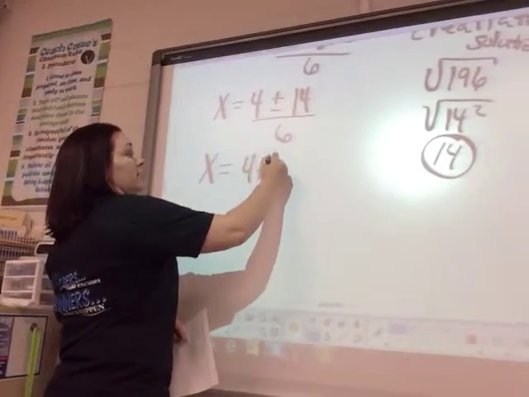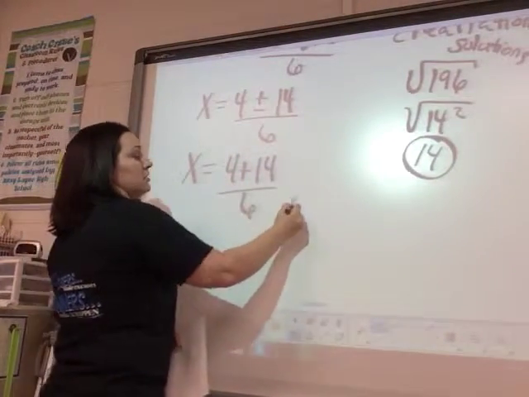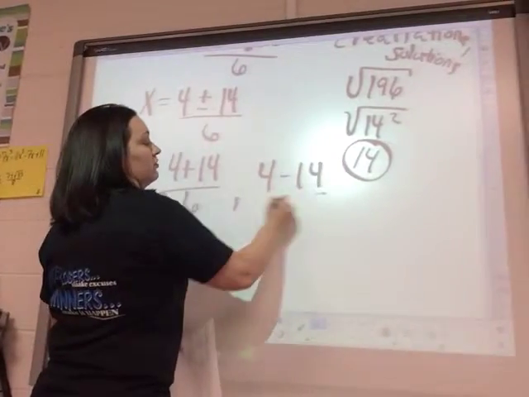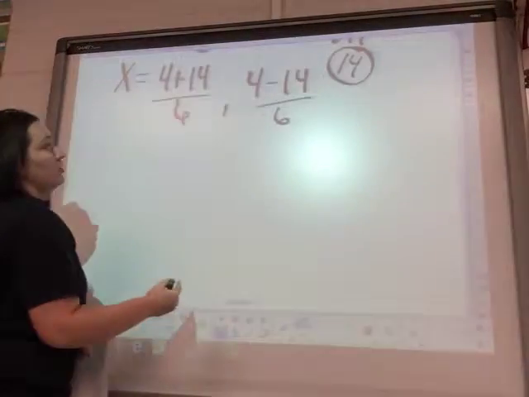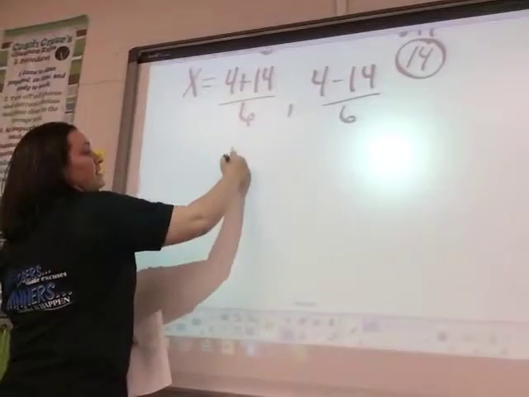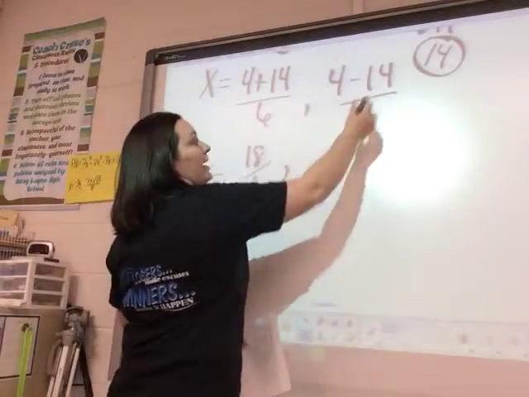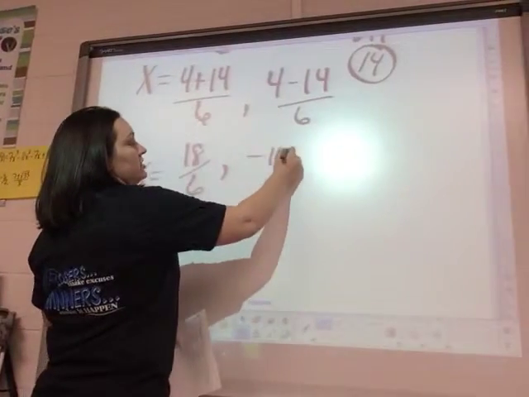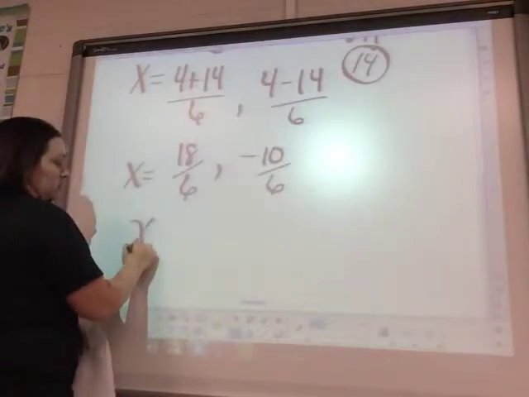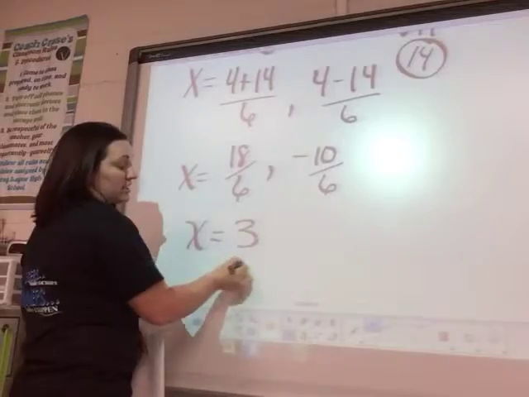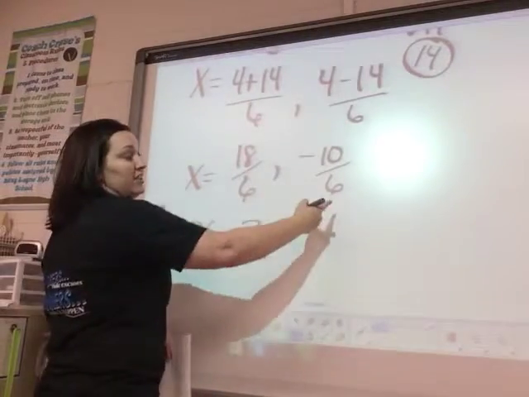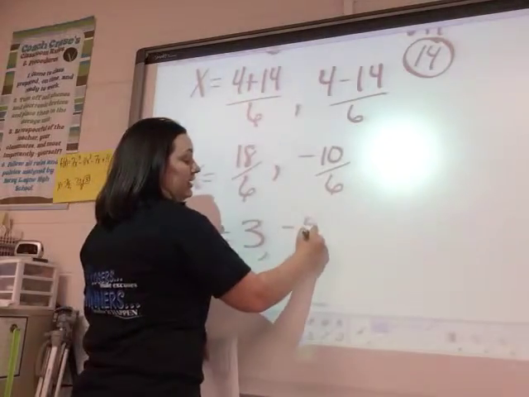So 4 plus 14 over 6 and 4 minus 14 over 6. Go through the math here. What's 4 plus 14? Well, that's 18 over 6. 4 minus 14, that's a negative 10 over 6. Let's do some reducing. 18 divided by 6, that's 3. Negative 10 over 6 reduces to a negative 5/3.